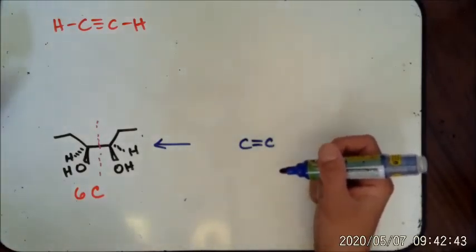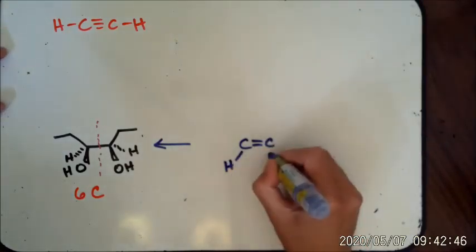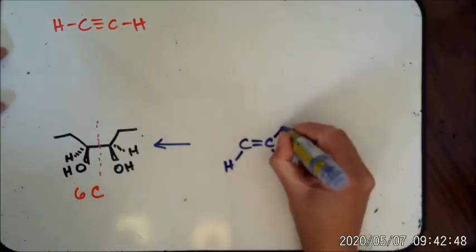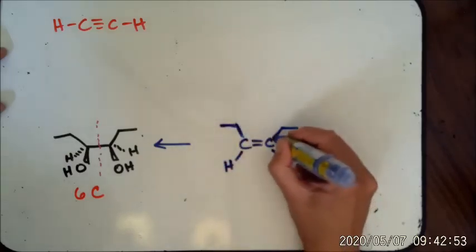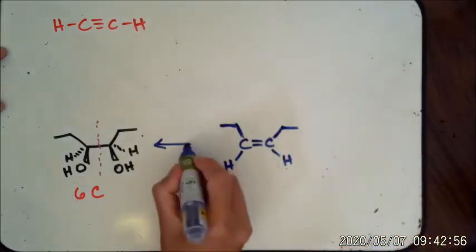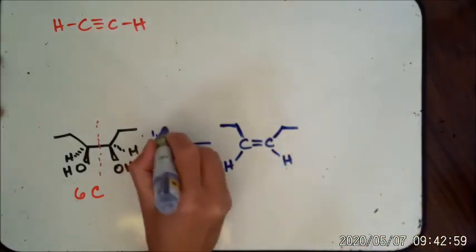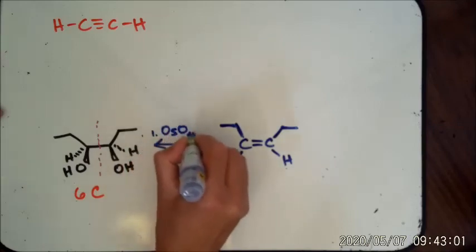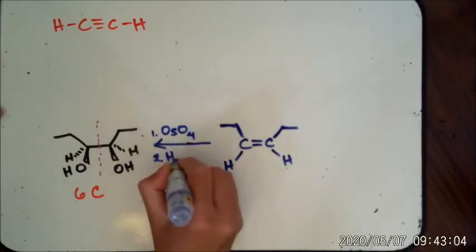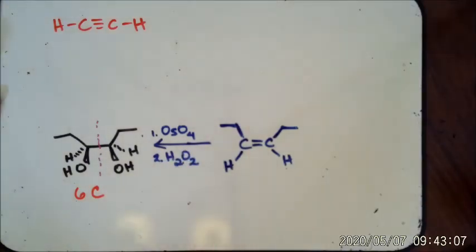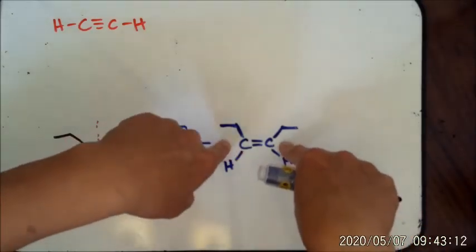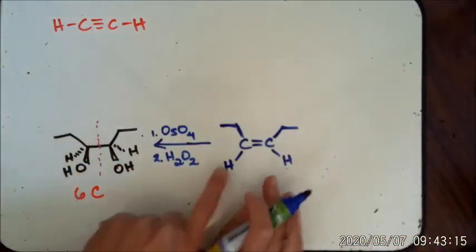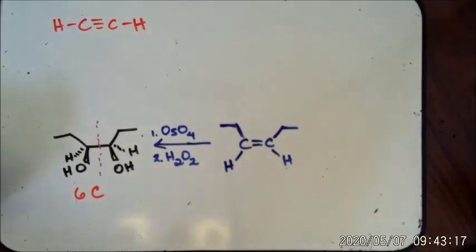If I say I want to do a syn addition, then my alkene will look like this. And for my syn addition, I'm going to choose osmium tetroxide. Okay, so now I'm going to get my hydroxyl groups that add together in this fashion. That'll come out in the front, pushes my hydrogens in the back. Okay, you could use potassium permanganate.